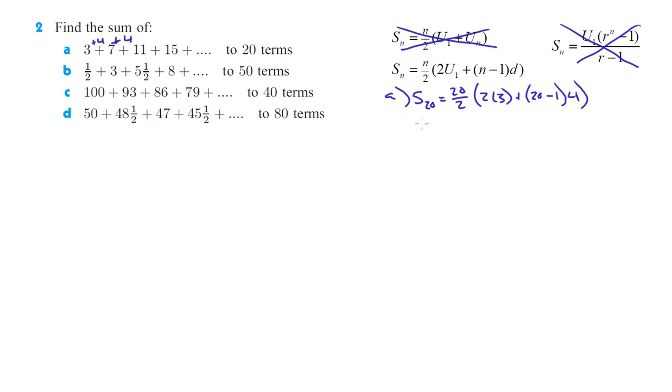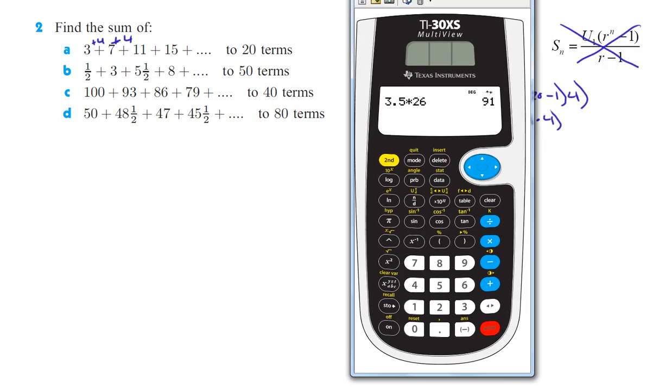So it's just going to be this here. So we got S of 20 equals 10 times, that's going to be 6 plus 19 times 4, right? And really we can just do this all on the calculator, so let's try that out.